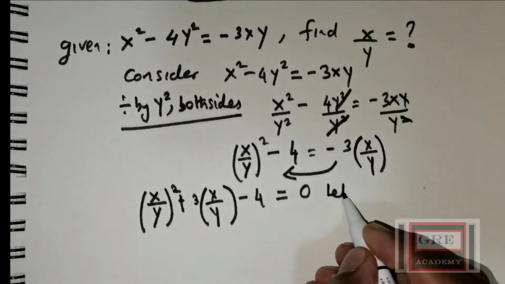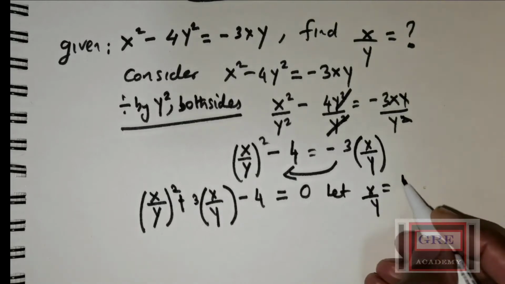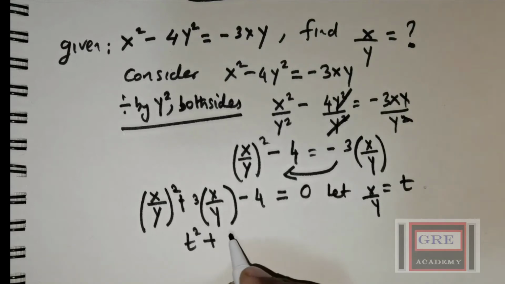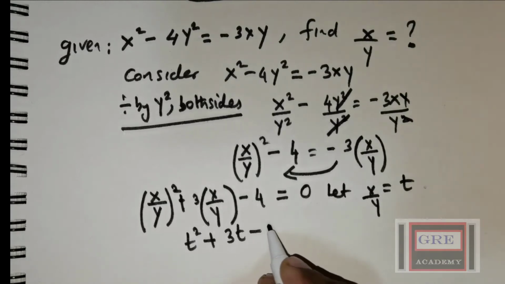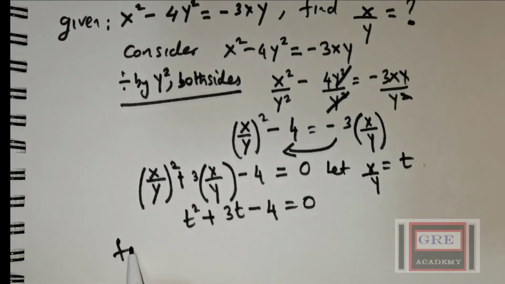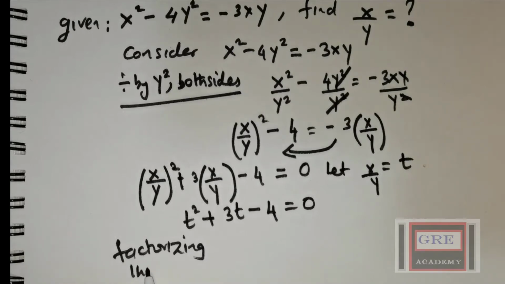Now if I were to take x over y to be some t, then I would have t squared positive 3 times t negative 4 equal to 0. Now factorizing this, what do we get when we factorize this?